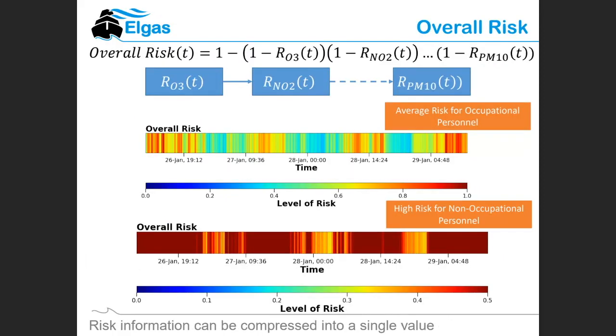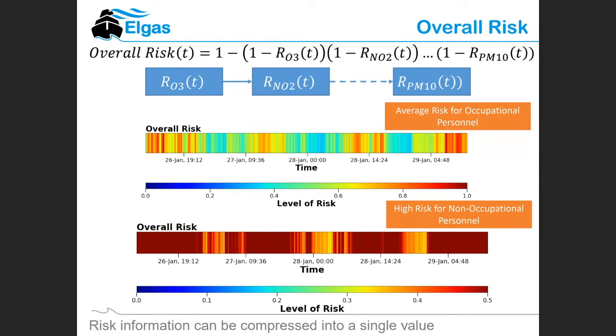This formula is used to give an interpretation of the combination of each individual risk at any given time. And below you can see the compressed information for all the parameters, on top for the occupational context, and below for the non-occupational. You can see that for the same environment, in the occupational context the risk is lower than for the non-occupational person exposed to the same environment.